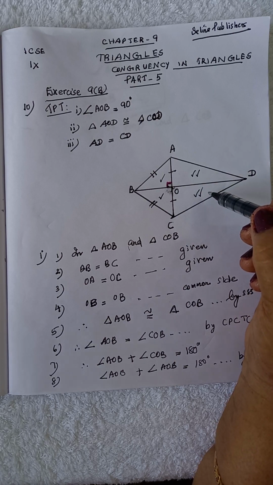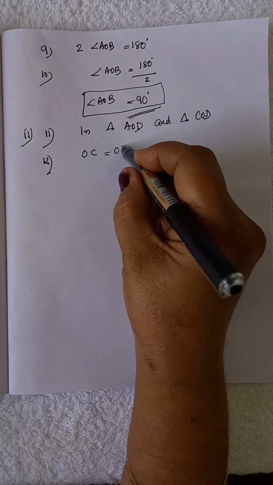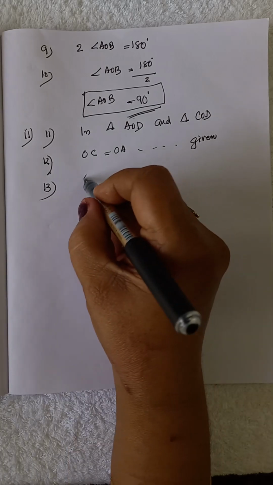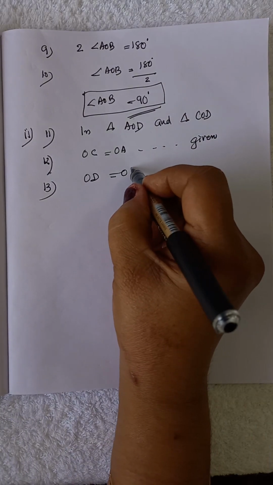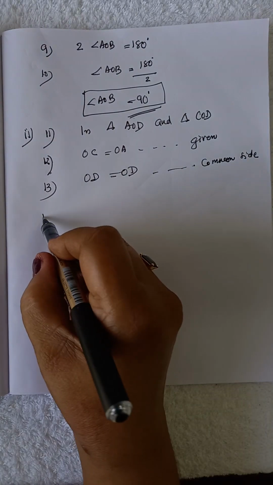So we can write, next point is 12. OC is equal to OA. Reason is given. Now 13th point is OD is equal to OD. Reason is common side.